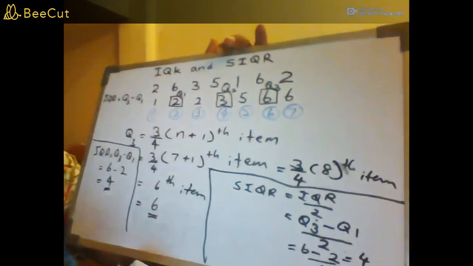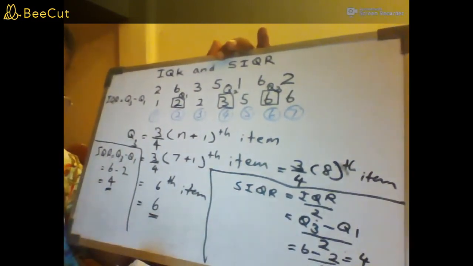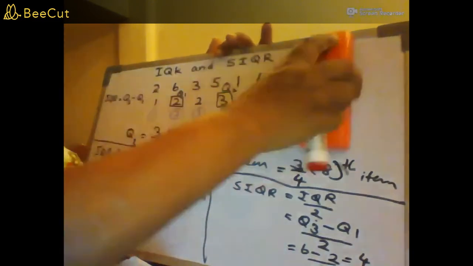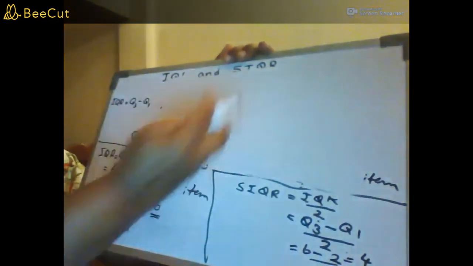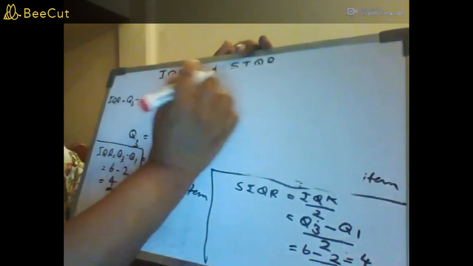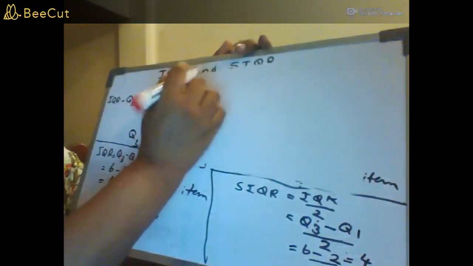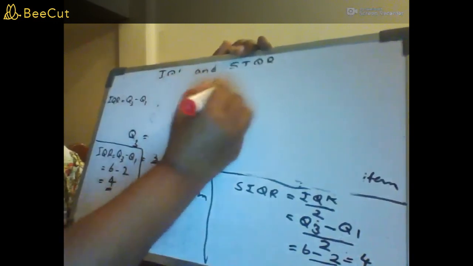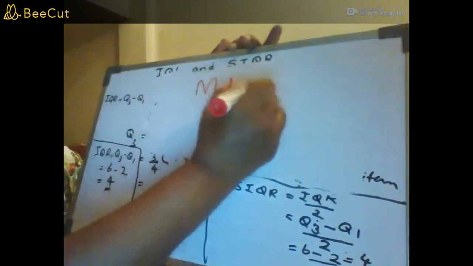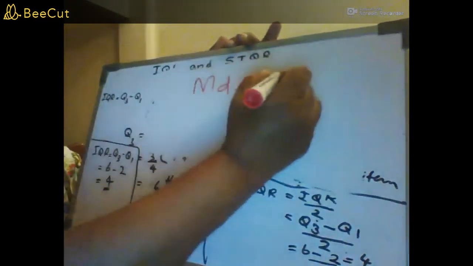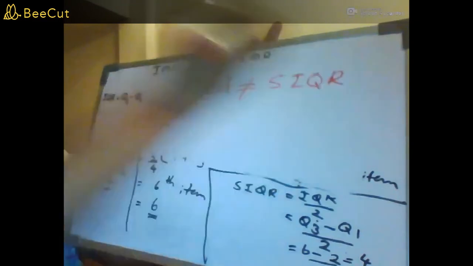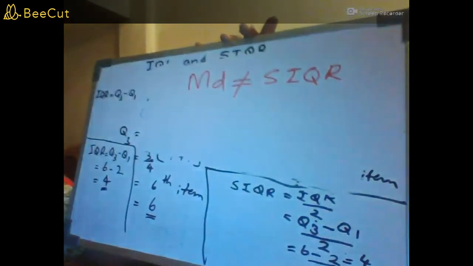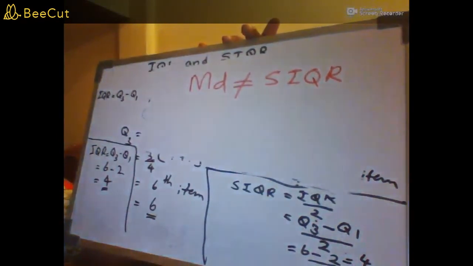Alright. Now, can you remember the one we don't prove? Median does not equal SIQR. What is our median? The middle value.